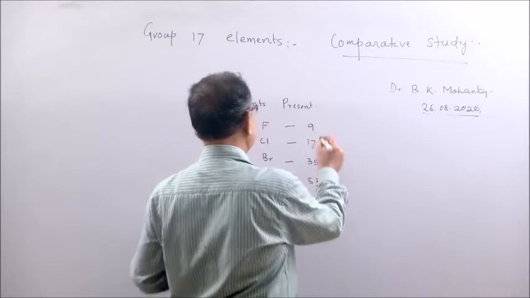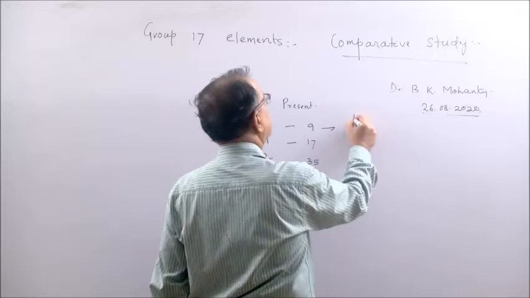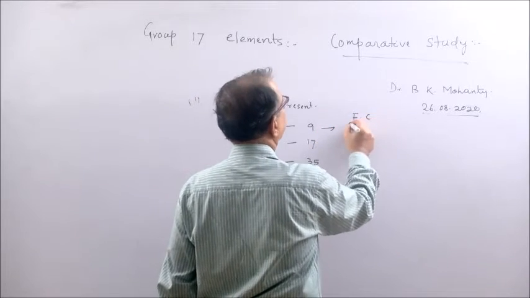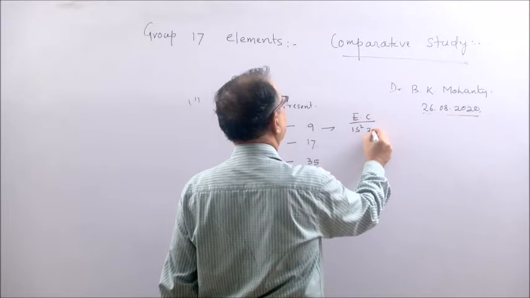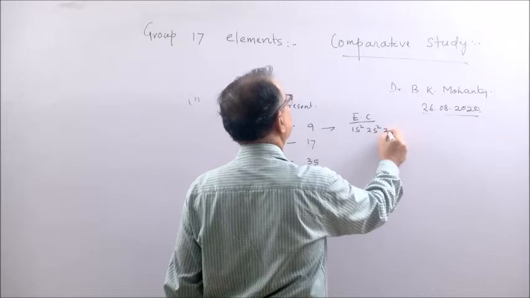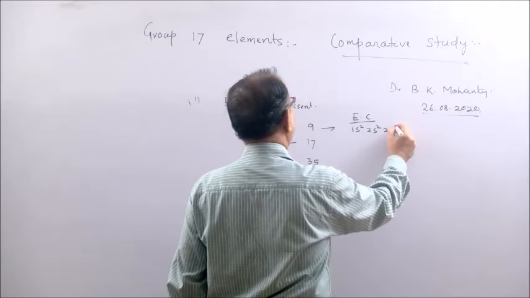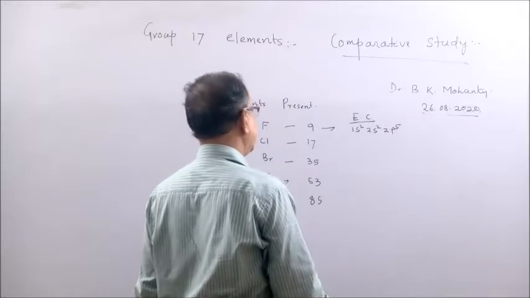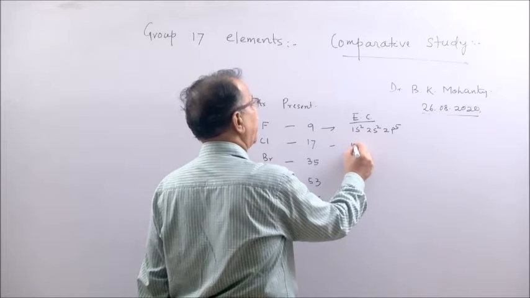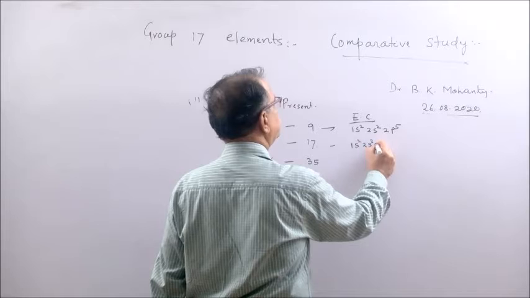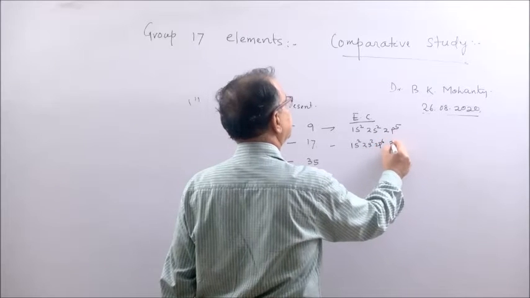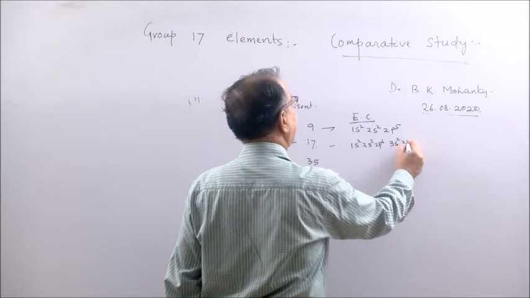Now, the electron configuration. Fluorine is 1s2, 2s2, 2p5. Chlorine is 1s2, 2s2, 2p6, 3s2, 3p5.